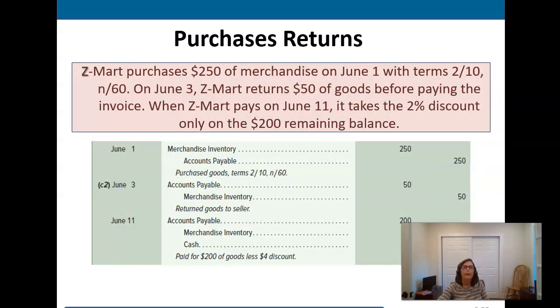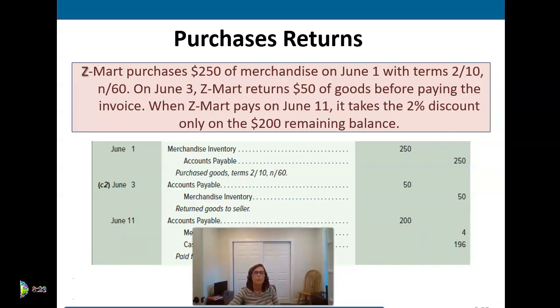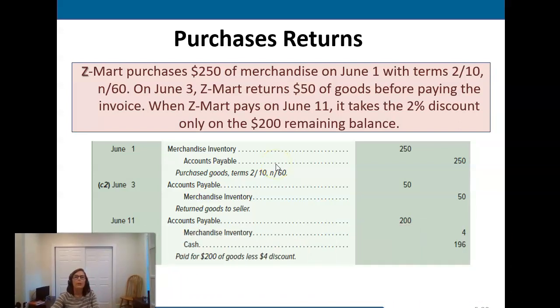And I'm going to try and move my image over here. All right. So now we've got Z-Mart purchasing $250 of merchandise on June 1 with terms 2/10, net 60.